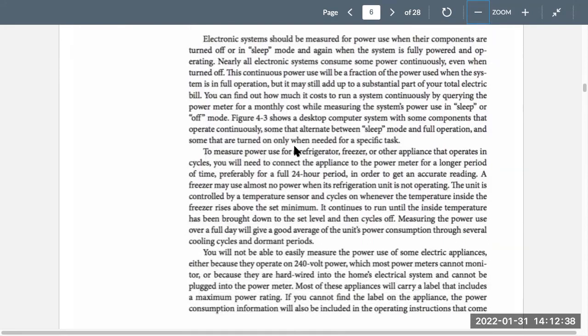To measure the power use for a refrigerator, freezer, or other large appliances that operate in cycles, things like a dishwasher or a washing machine, most of the time it's a little easier to get a different type of equipment that you can put inside your electrical panel and measure the total wattage being pulled by that device over the wires, which we have at the ENRG Center.